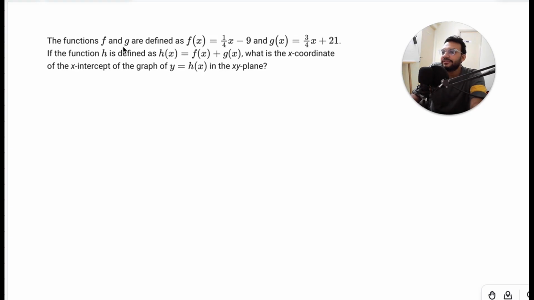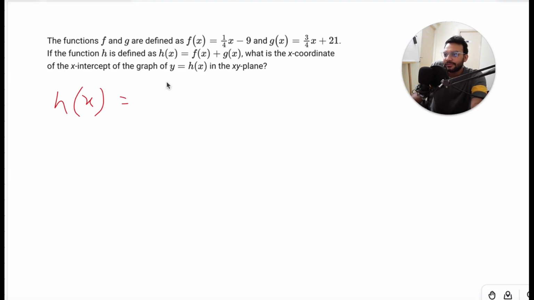The functions f and g are defined as f of x is equal to 1 by 4x minus 9 and g of x is equal to 3 by 4x plus 21. If the function h is defined as h of x is equal to f of x plus g of x, what is the x coordinate of the x-intercept of the graph of y is equal to h of x in the xy plane? Okay, so first let's find out what's h of x, the equation.